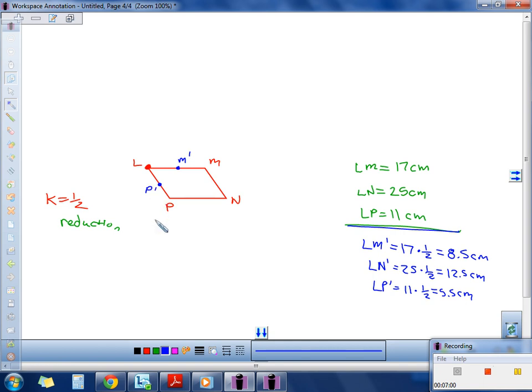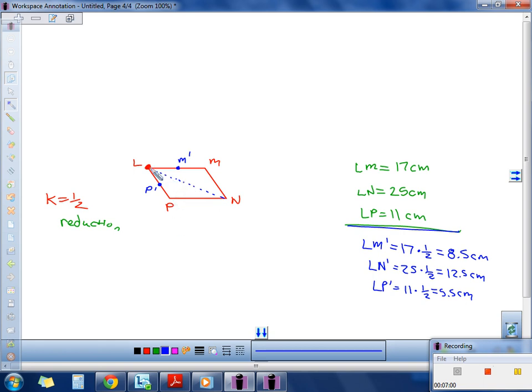Now the last one is maybe the most challenging, but it's not a big stretch. This isn't that difficult. So I did measure LN earlier to be 25. So L all the way to N was 25. But I don't need 25 anymore. I just need to measure 12.5 centimeters in that direction. So visualize this. I'll make a dotted line. This was my measurement earlier.